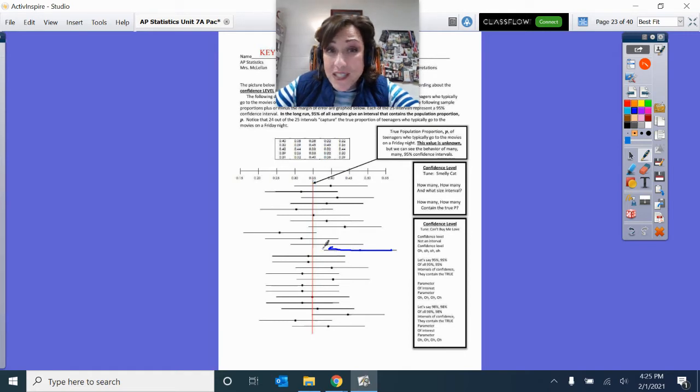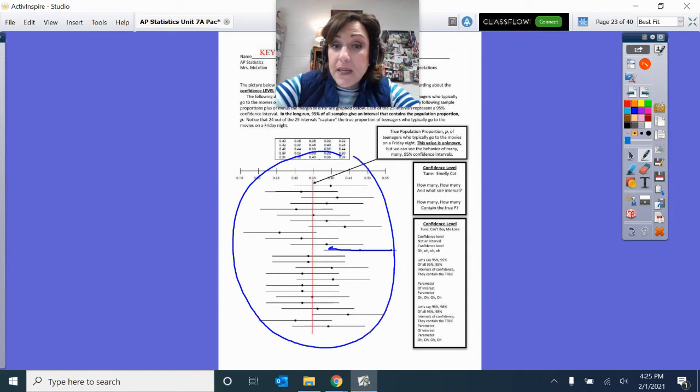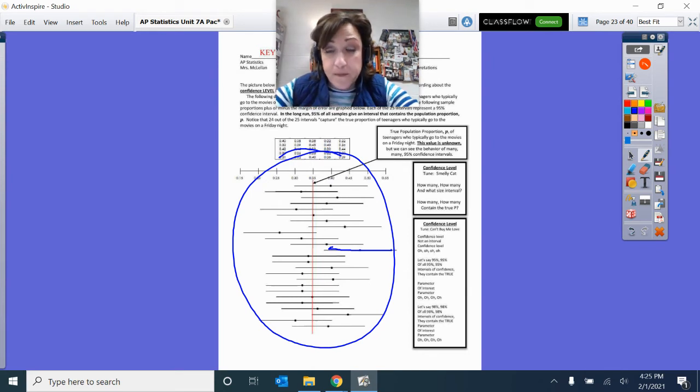This one barely misses, down here. So that was 24 out of the 25 that contain the true proportion. So a 95% confidence level means that about 95% of all of the many, many 95% confidence intervals we will make will contain that true proportion. That is what confidence level is about.